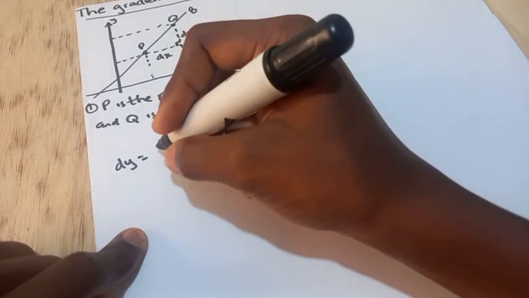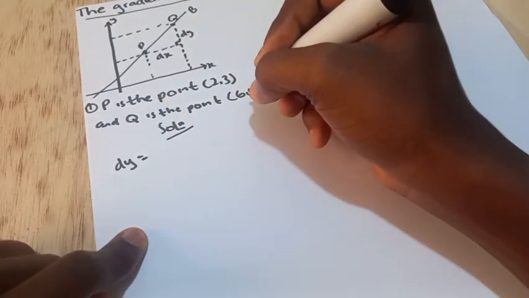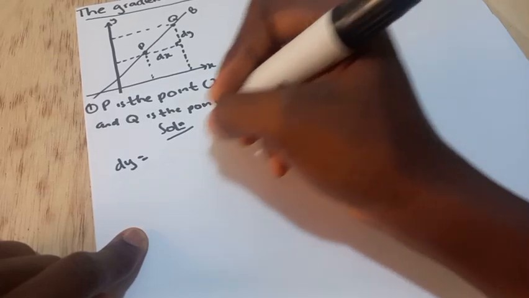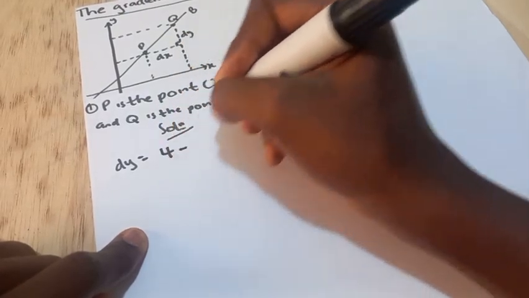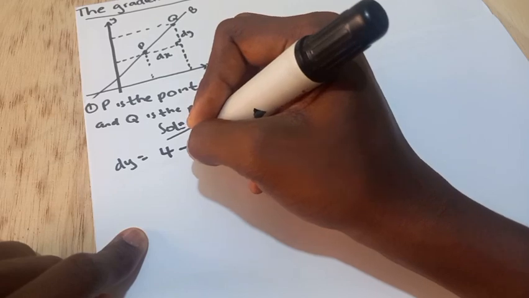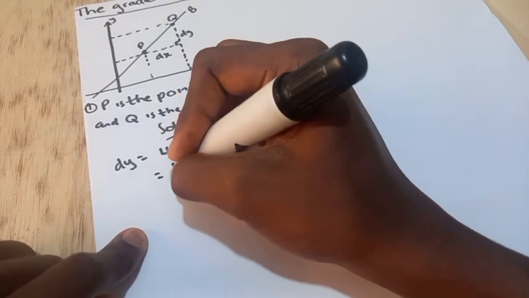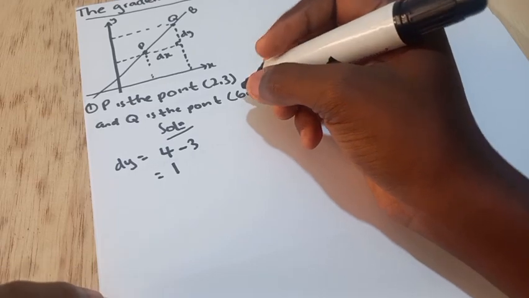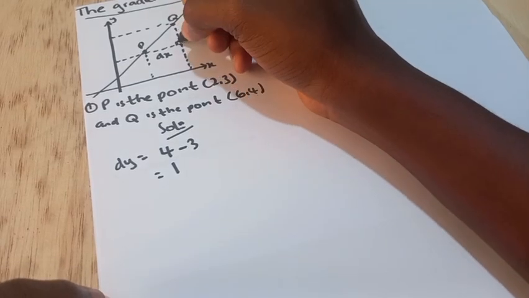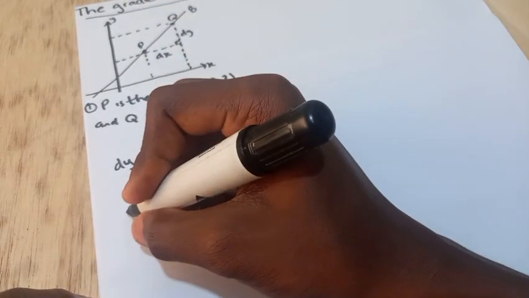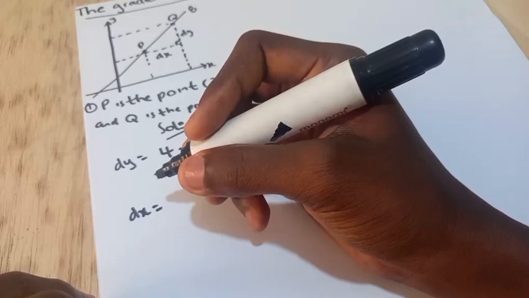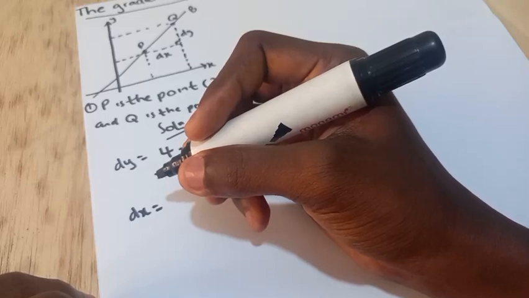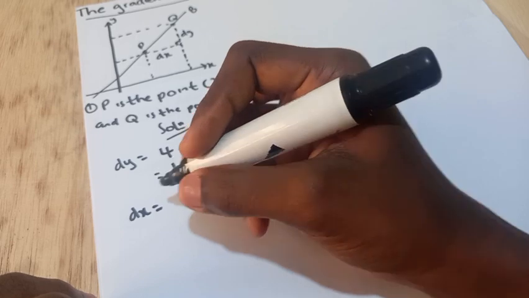Are you following? So then we have for Q, the x-axis to be 4 minus 3, which is equal to 1. This is the change, the difference from this to this. That's what you are finding. The change in the x-axis is equal to that of the dx.